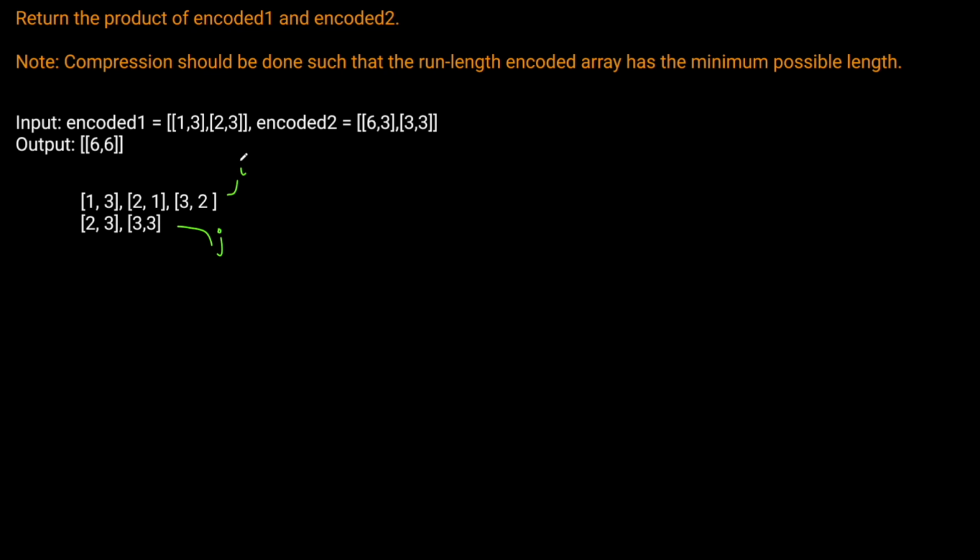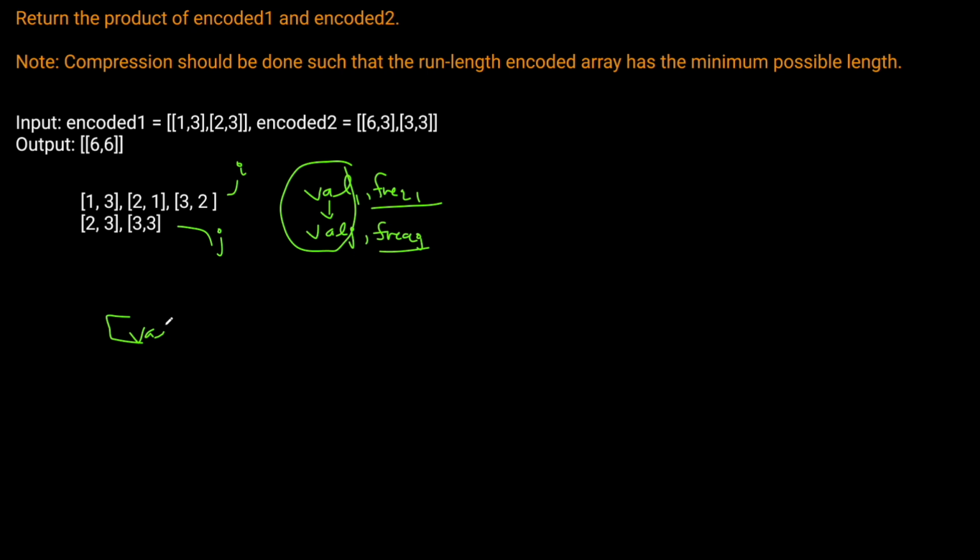What we want to do with this is extract the value at I. So we're going to say val of I, and the frequency of I at any point, and then we'll have the val for J, and the frequency of J at any point. Now, if the frequencies match, then we can simply multiply the values and add that to our solution.